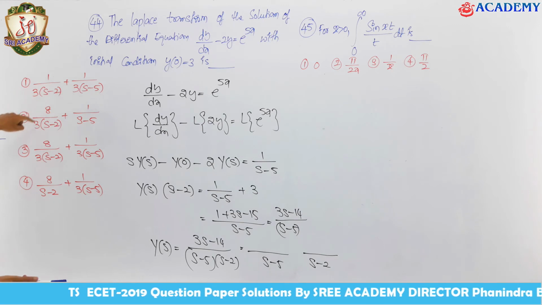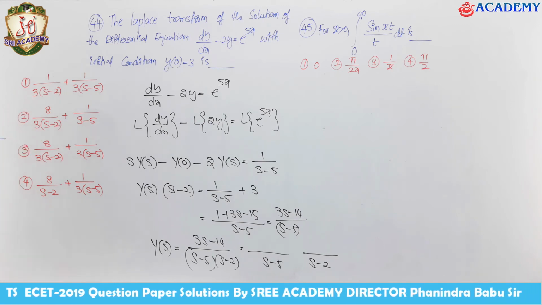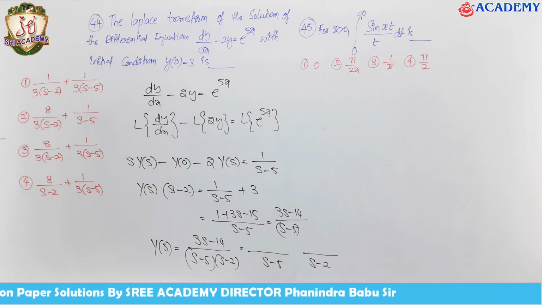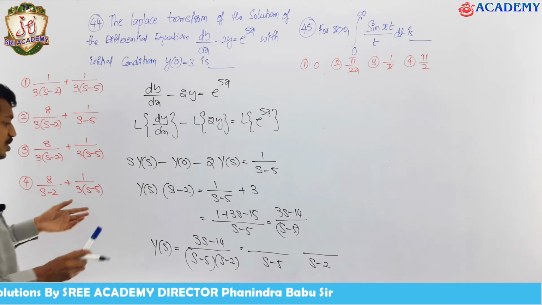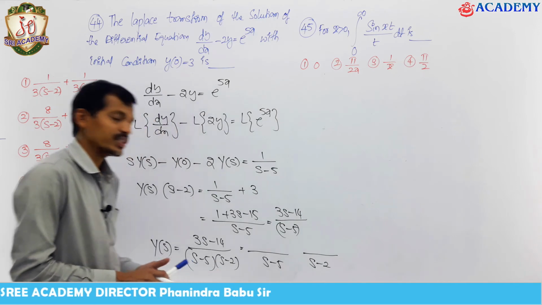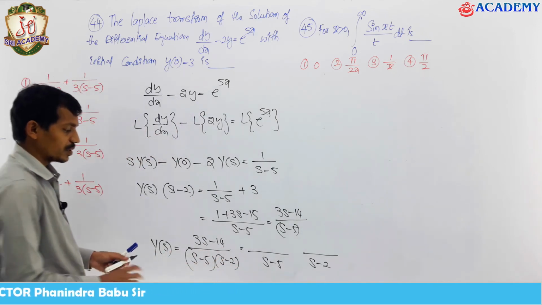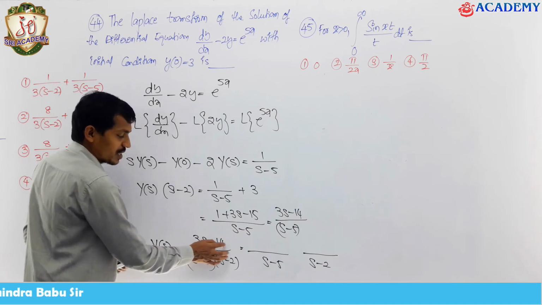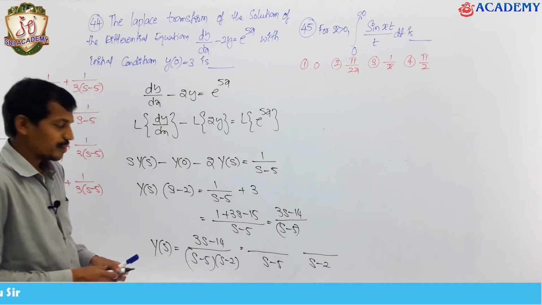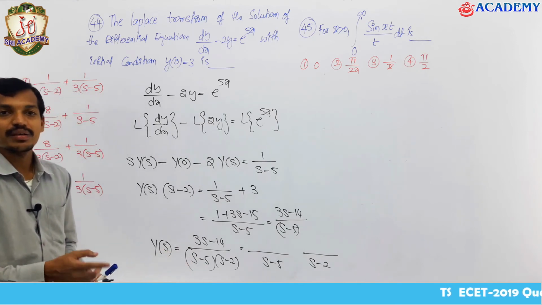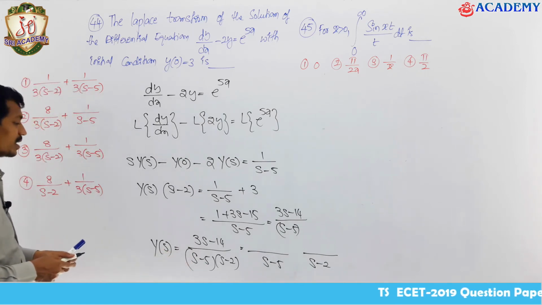To find the s minus 2 factor, first of all, eliminate s minus 2 and substitute 2. That is 3 times 2, which is 6, and 6 minus 14 is nothing but minus 8. Minus 8 divided by 2 minus 5, which is minus 3. Minus 8 by minus 3 is nothing but 8 by 3.